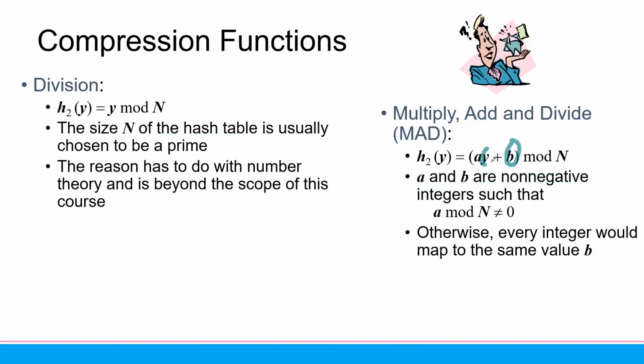And let's say y is 0. Then every number multiplied with 0 will produce 0. So we need to avoid this one. So a should not give a 0 number.